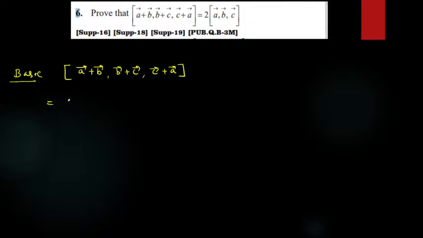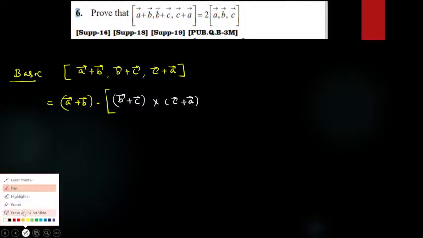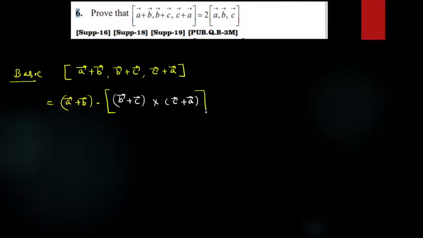That is equal to the first vector, you write as it is, a plus b, dot second vector cross third vector, that is b plus c cross c plus a. So that is what I am trying to show here, first vector dot second vector cross third vector, to make you understand easily.